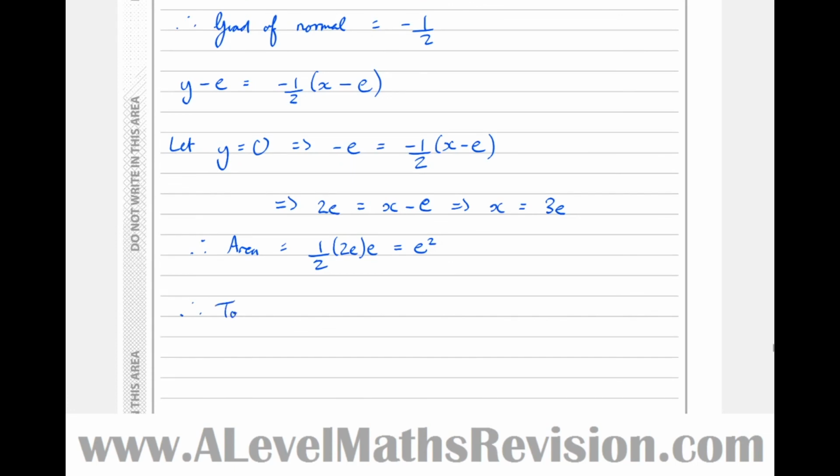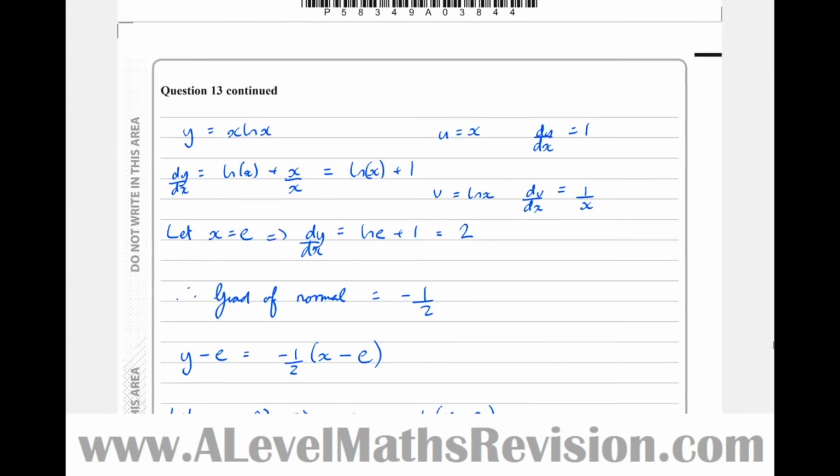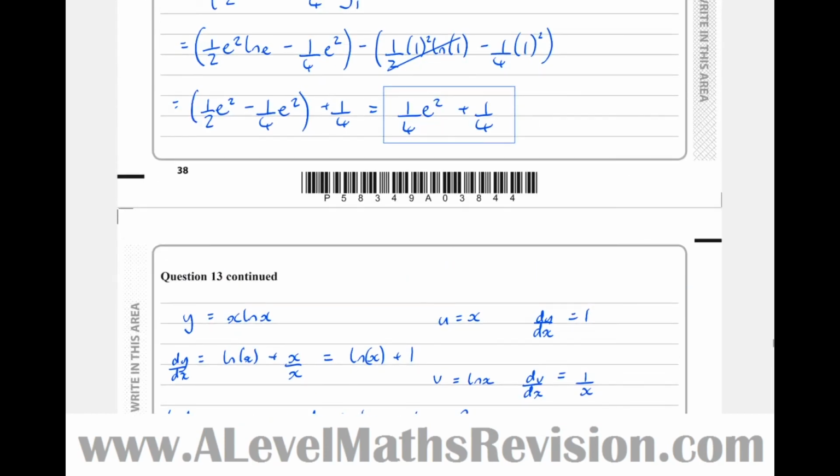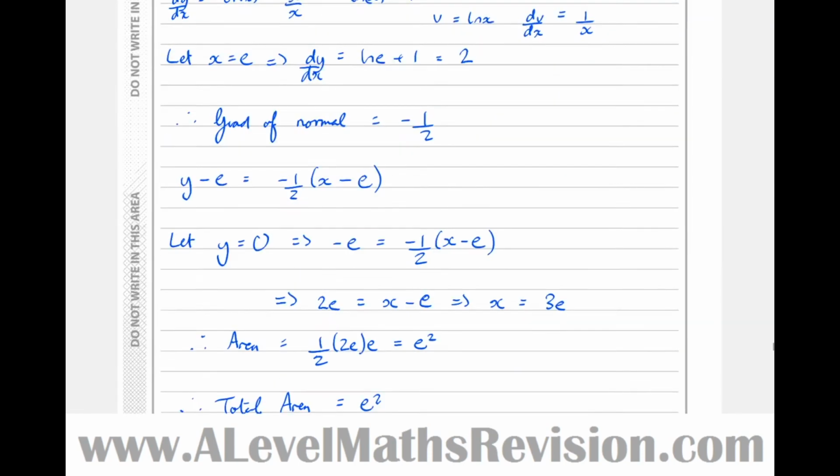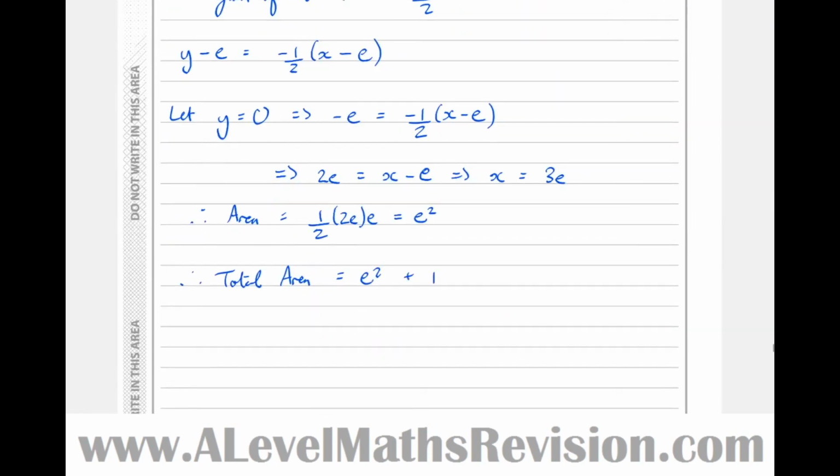Therefore, the total area is this area here, e squared, then add this area here, which was a quarter e squared plus a quarter. So e squared plus 1/4 e squared plus a quarter equals 5/4 e squared plus 1/4. And that's the answer in the form required.